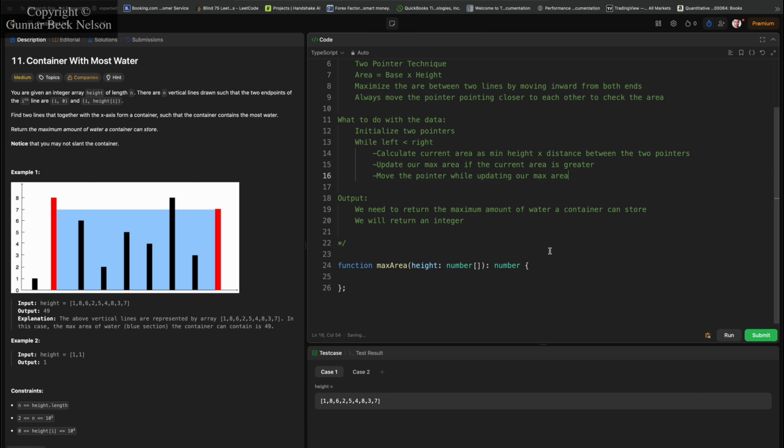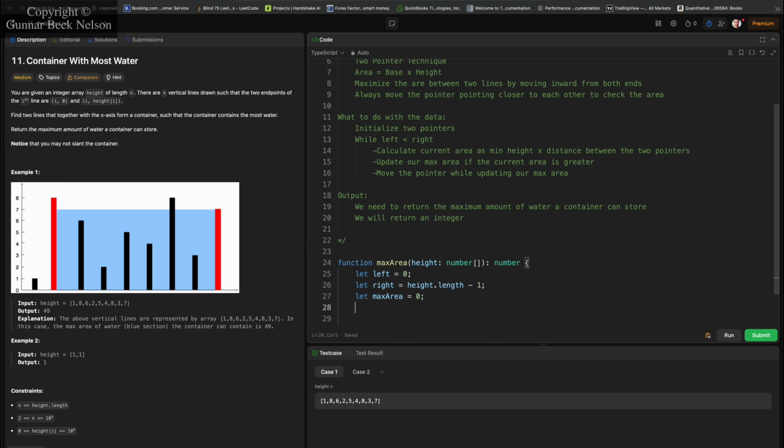So for us to get started, as stated before, we're going to first initialize our two pointers. We're going to let left equal 0, let right equal height.length minus 1, and we are going to let maxArea equal 0.